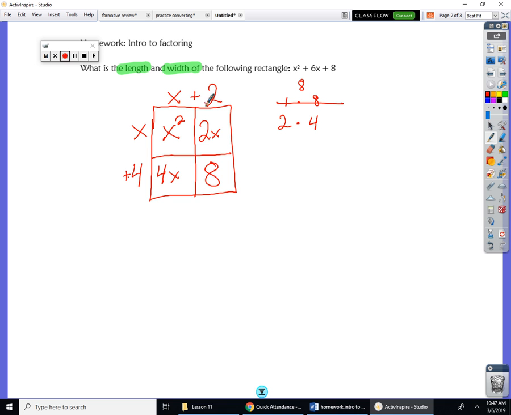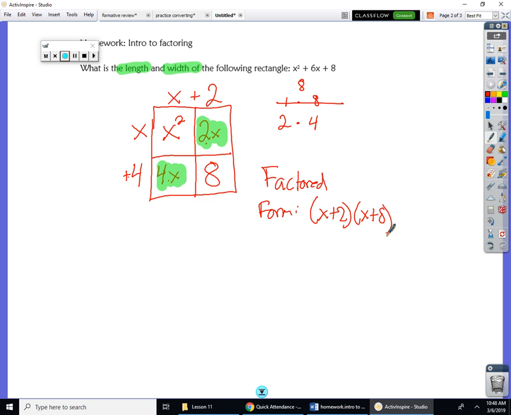So it's giving me a length of plus 2, a width of plus 4, and then that plus 4 and plus 2 will give me my total 6x's, because we know that 2x plus 4x will be 6x. So when I write it in factored form, it's going to be x plus 2 and x plus 4.